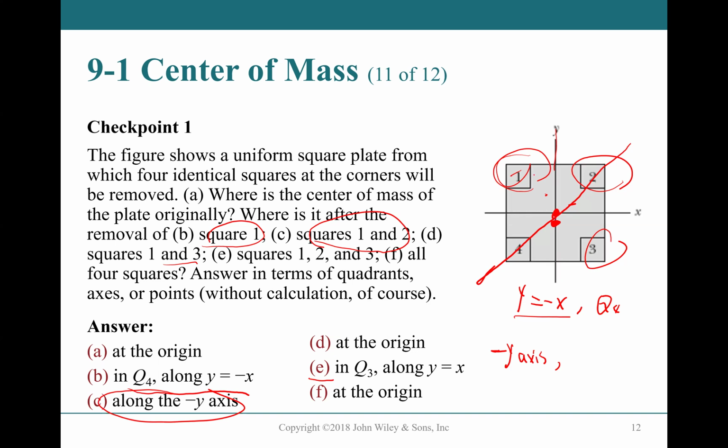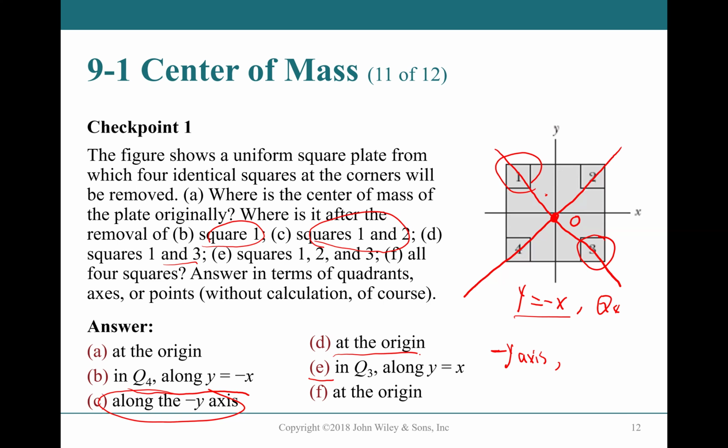Let me redraw it, okay. If you remove 1 and 3, you can find the symmetric lines. This object is symmetric about this line here, and it's also symmetric about this line here. These two lines intersect, and you should have your center of mass here. So it's at the origin.